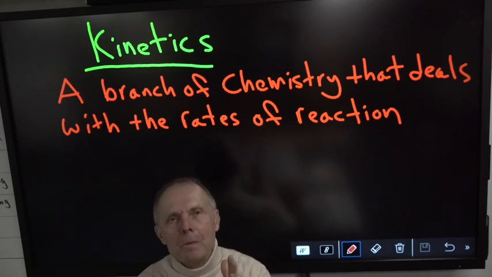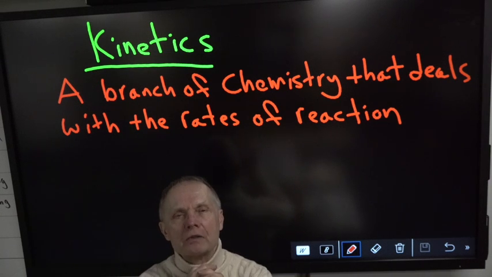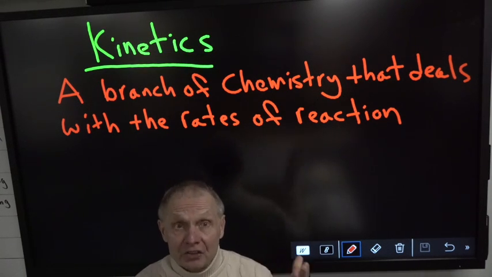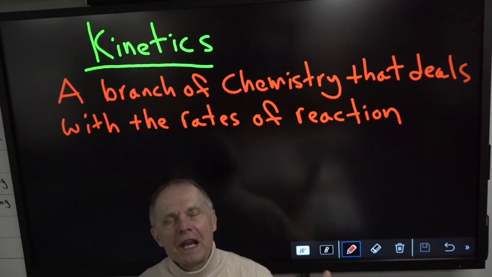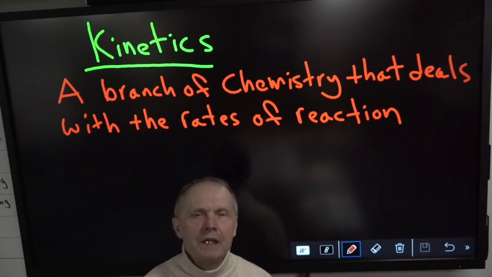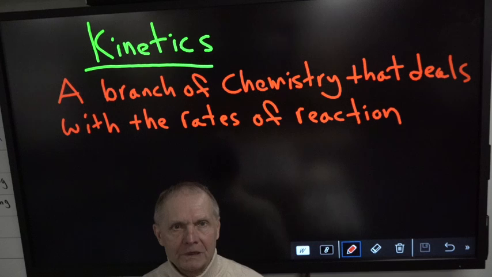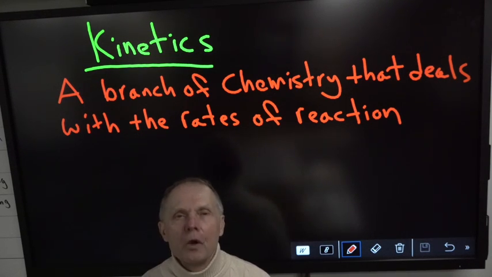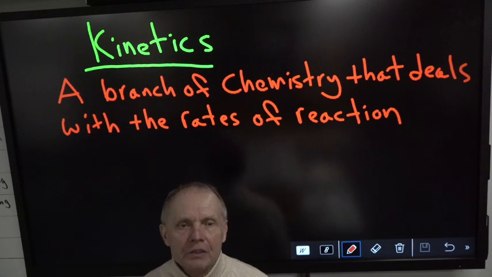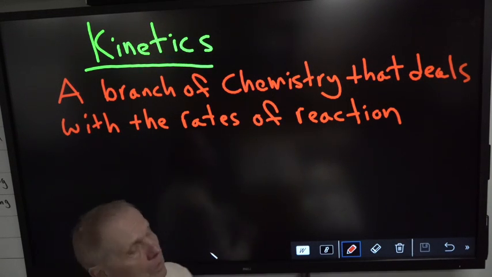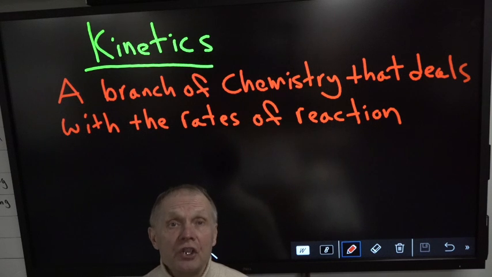But before you make the bond, when two particles collide, that's exactly what you have to have. You have to have a collision between two or more particles. And not all collisions result in forming new compounds. So, the first thing we're going to do is talk about the collision theory.